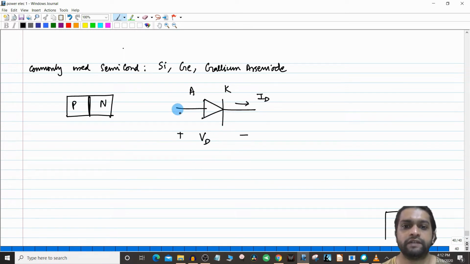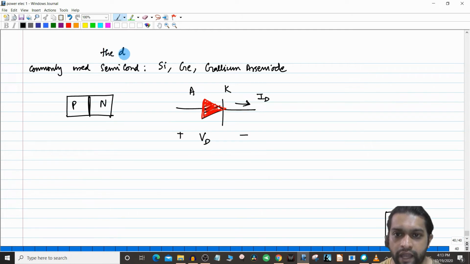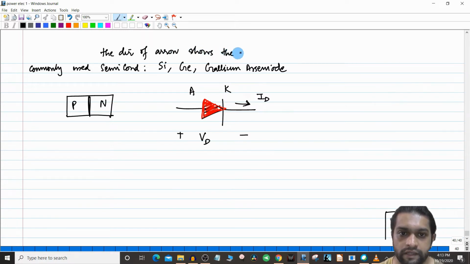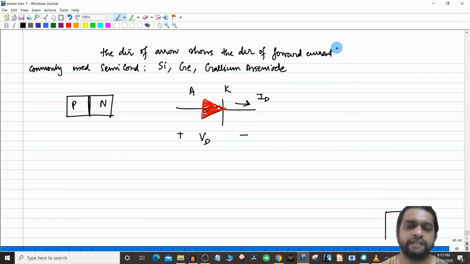If the diode is forward biased, the current will move from left to right, in the direction of the arrow. The direction of the arrow shows the direction of the forward current, which is the current flowing when the diode is forward biased.